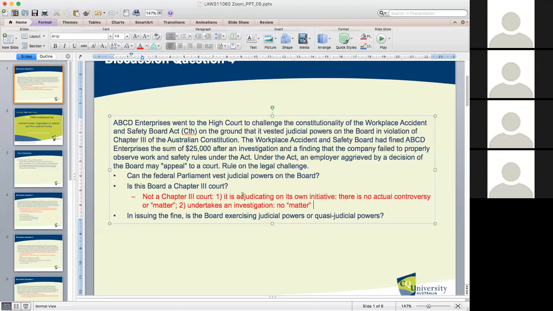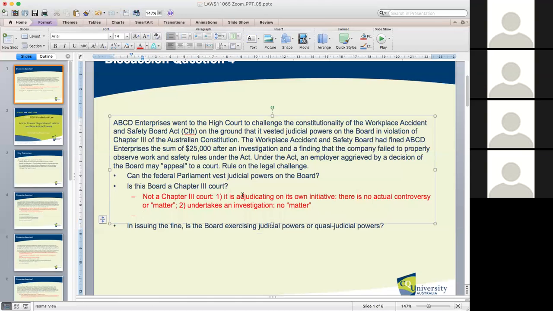I think it's got something to do with the appeal. I find that sentence a bit puzzling, because if it wasn't a Chapter 3 court, then it's not a binding decision, and it seems redundant that they should write that there is a right of appeal. So what does it flag for us?